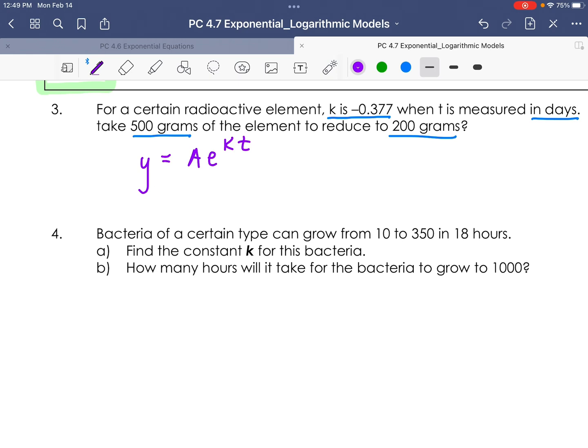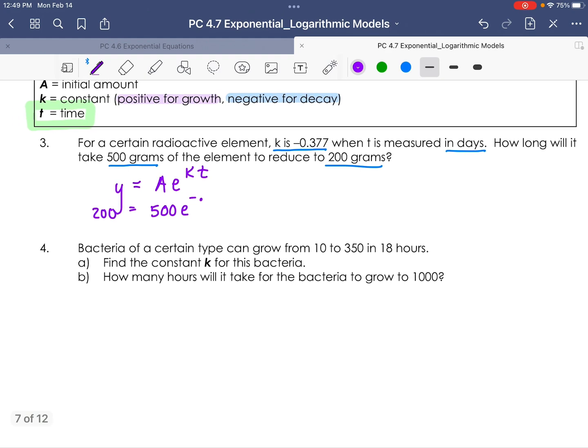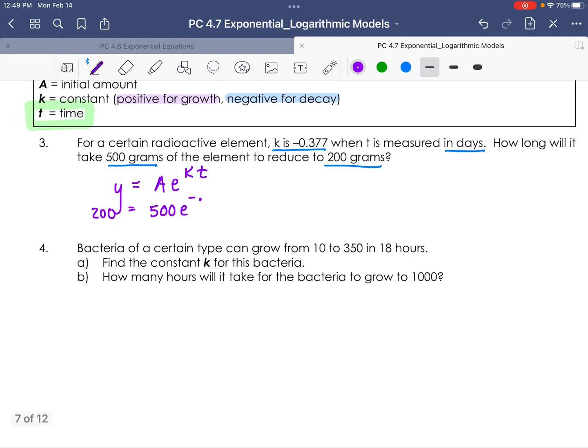My initial amount is 500. My final amount is 200. I want to know if it's decaying at this rate. This is my decay constant, which is negative 0.377. And I'm solving for t, which is, in this case, in days.